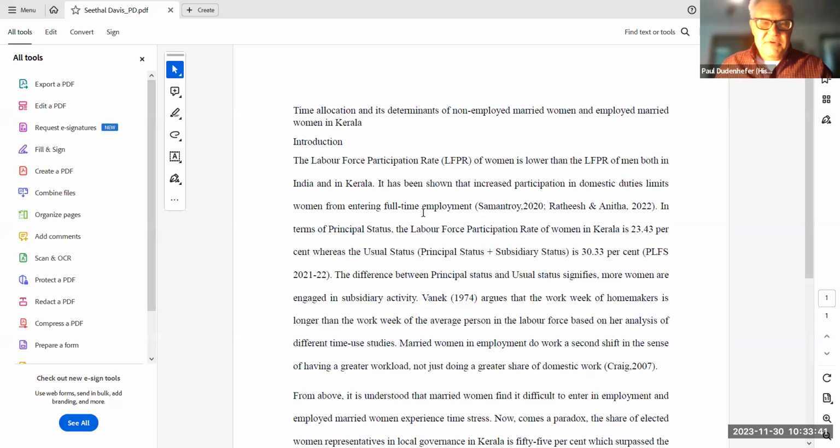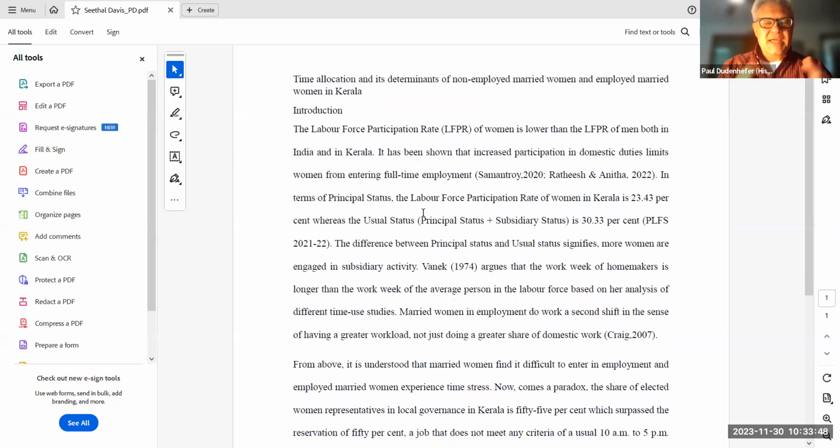Okay. Let me first of all, Seethal, make sure that I understand what it is you're trying to do. So you've got this situation where in Kerala, 55% of representatives are women.